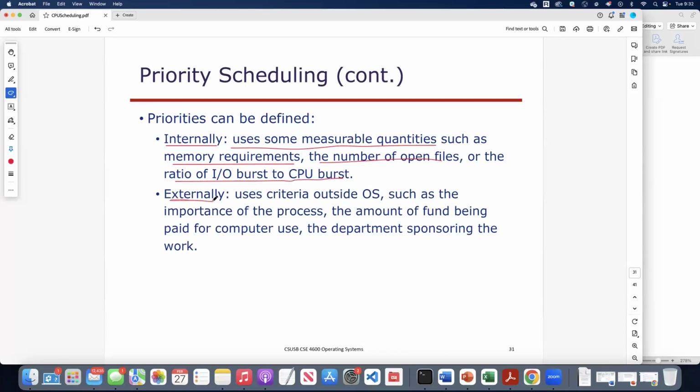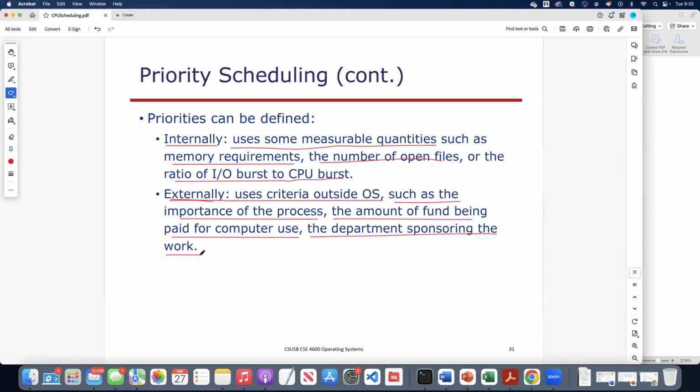Externally defined priority uses criteria outside of the operating system, such as the importance of the process, the amount of funds being paid for computer use, or the department sponsoring the work.